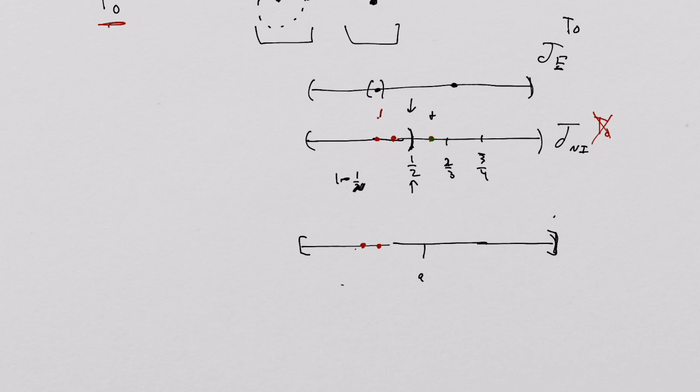Well, now what can I do here? Well, I can only work with B. I can put B right there, and I can separate one point from the other. But notice I cannot isolate each point into its own open set, but I can isolate the red point from the other red point. So I'm going to go ahead and allow myself to call this a blue point because I can separate the two.